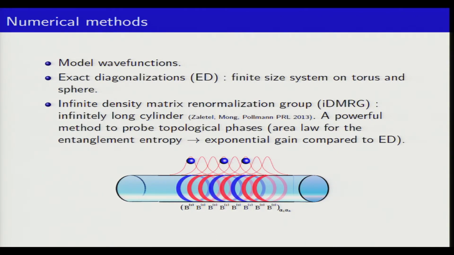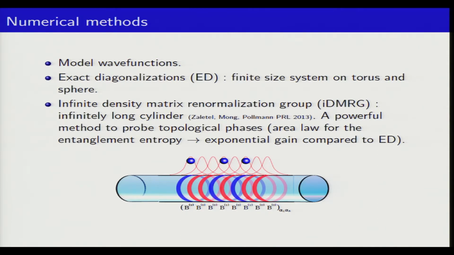When you want to analyze the fractional quantum Hall effect, numerical techniques are really important because it's a key tool to understand what's going on. And you have several options. Maybe the simplest one is just to try to propose some model state and analyze what's going on.